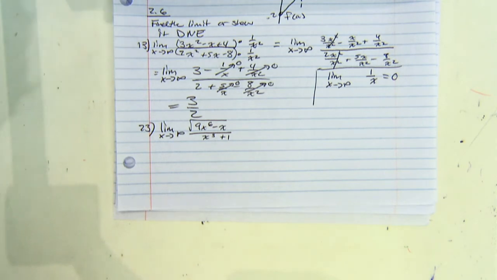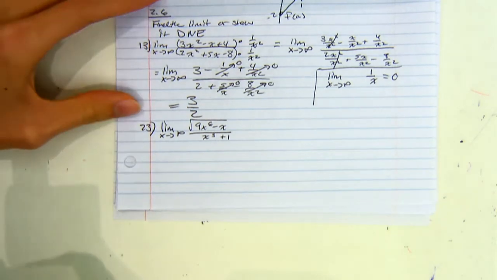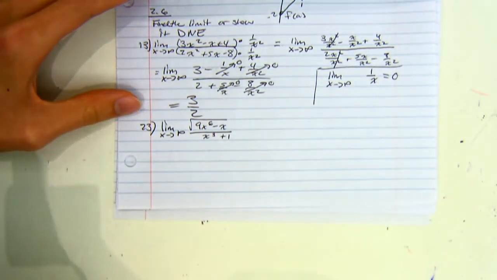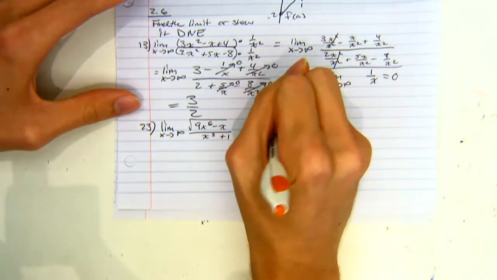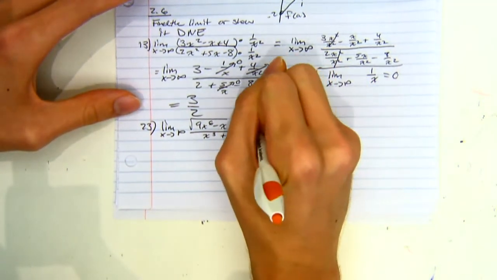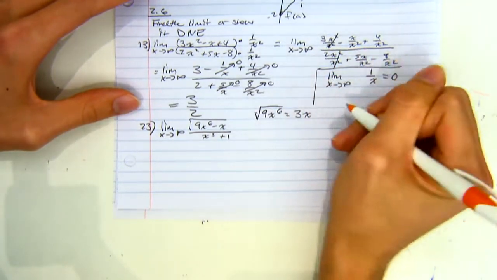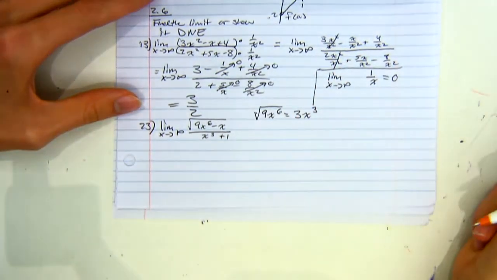All right, so the square root ones are kind of strange, but essentially think about if we just took the square root to the side, what you get. You get 3x, 6 divided by 2 is 3.